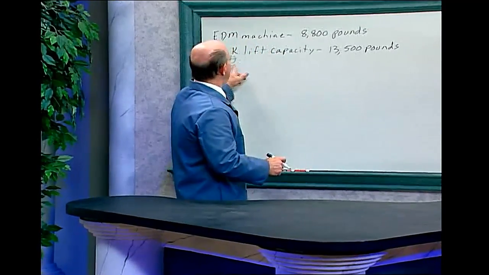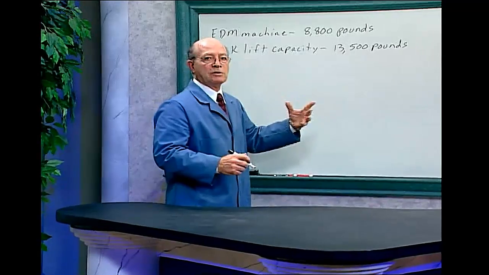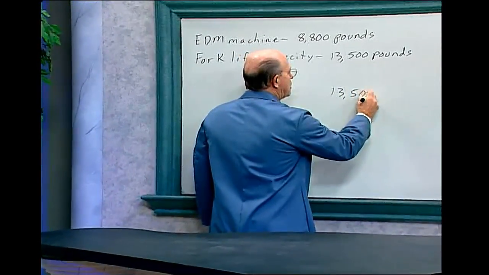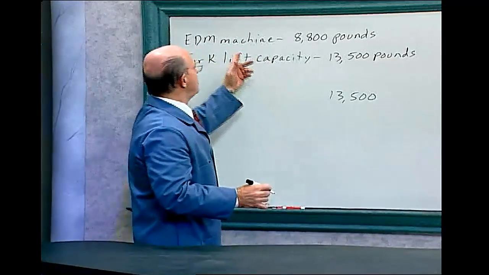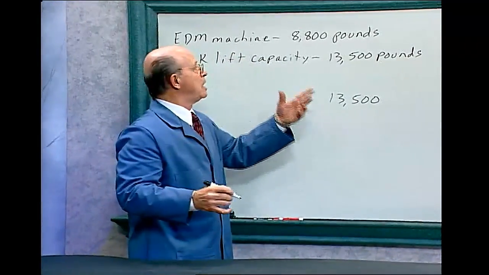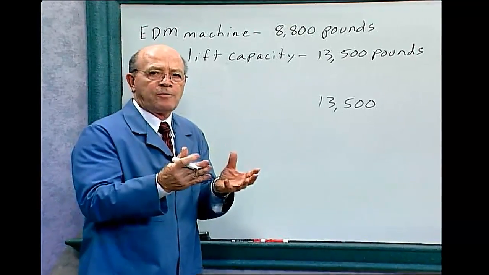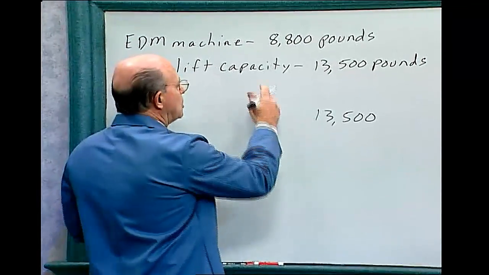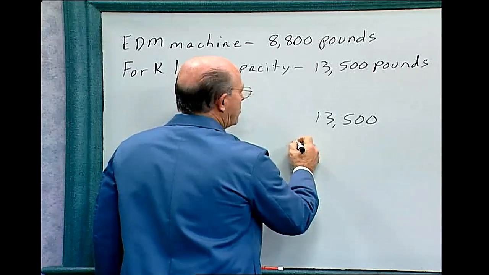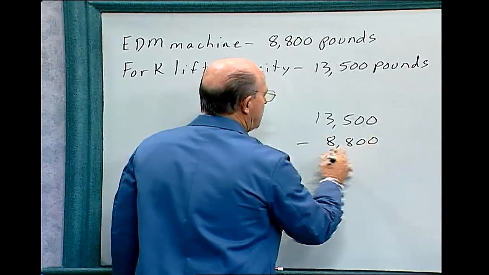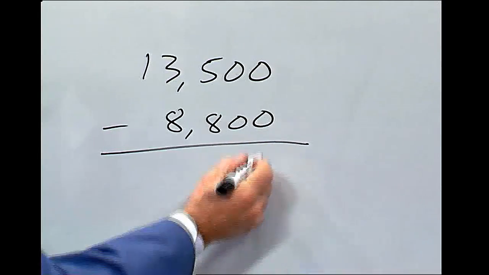The capacity of the forklift is 13,500 pounds. The EDM machine weighs 8,800 pounds. We want to know how much more can that forklift pick up. So we have to deduct from the capacity of that forklift 8,800 pounds. Let's do the math.